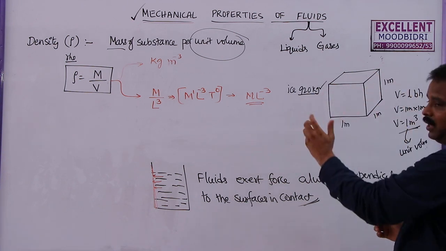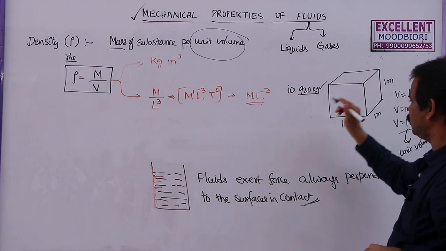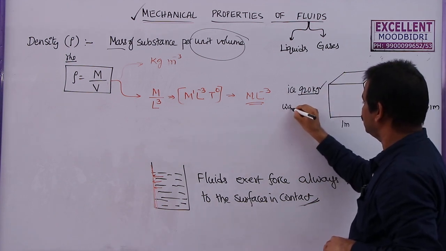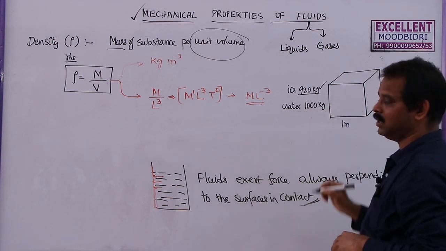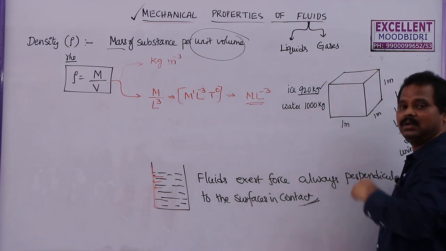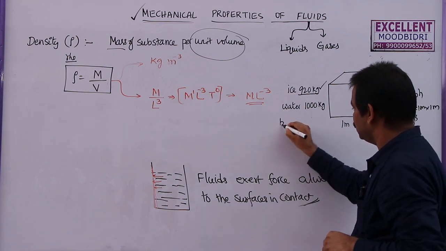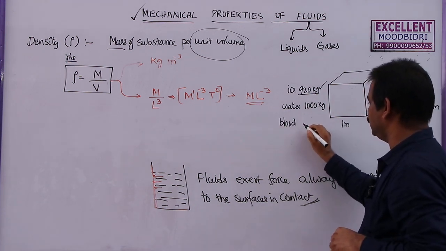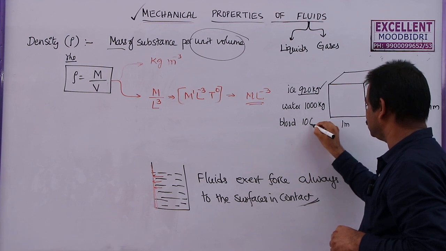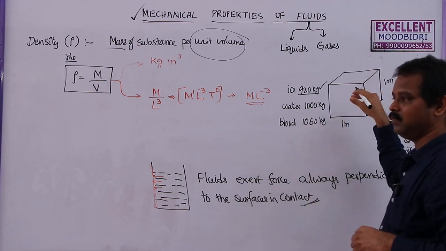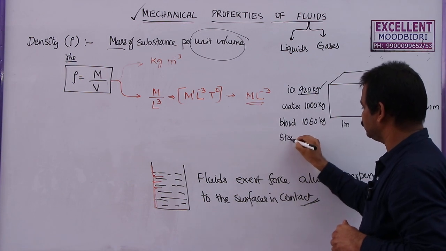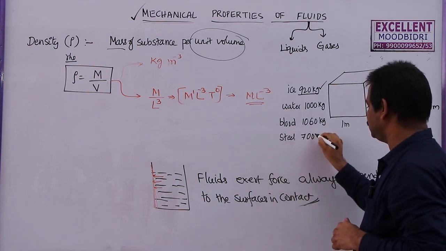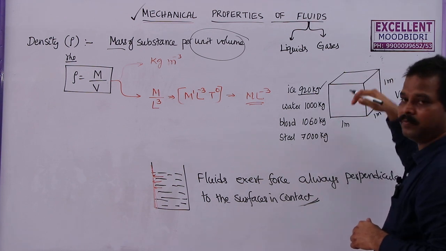Now if you remove the ice and fill this tank with water, it is found that exactly 1000 kgs of water can be filled in this tank. Similarly, if you fill this with blood, it is found that 1060 kgs of blood can be filled in this one. Similarly, if you take steel, nearly 7000 kgs of steel can be filled in this one.